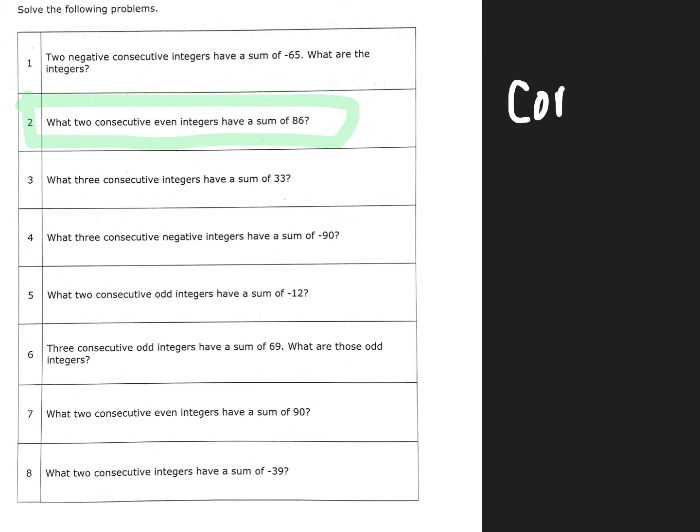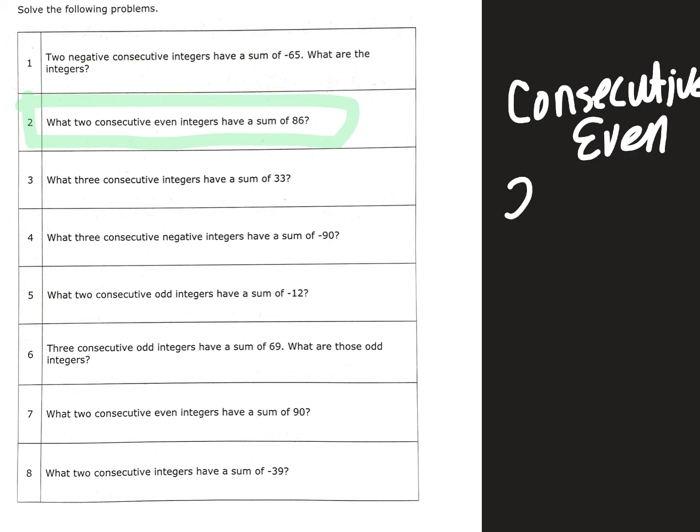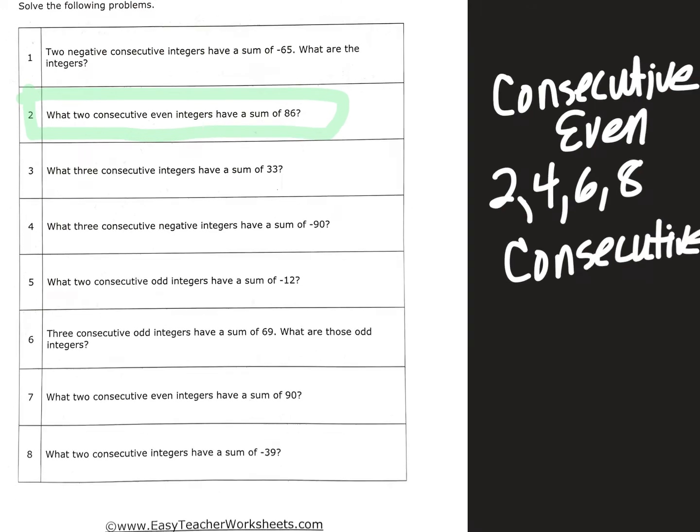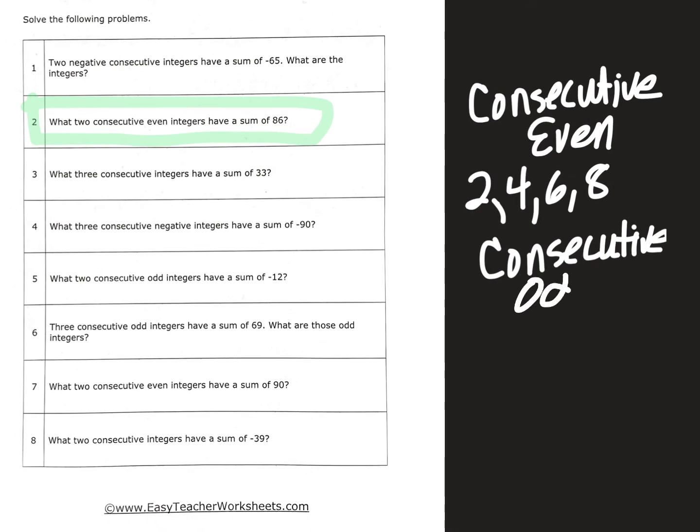So consecutive even, an example would be like 2, 4, 6, 8. You get the idea, right? Consecutive odd. What do you think would be an example of consecutive odd? So give me an example of consecutive odd numbers. 3, 5, 7, exactly, etc. You guys get it. Y'all are quick.